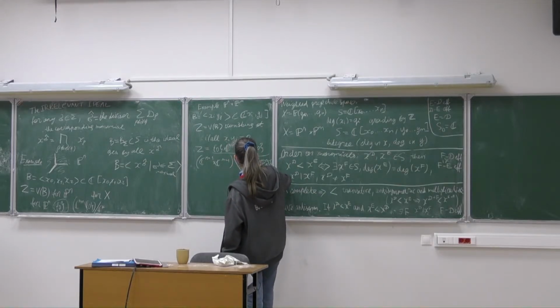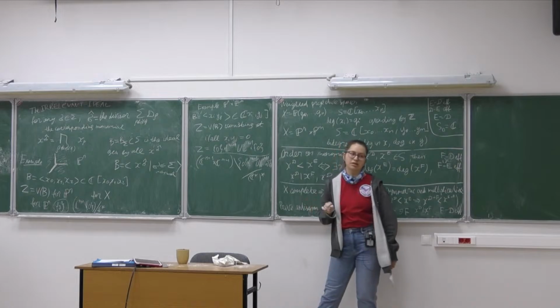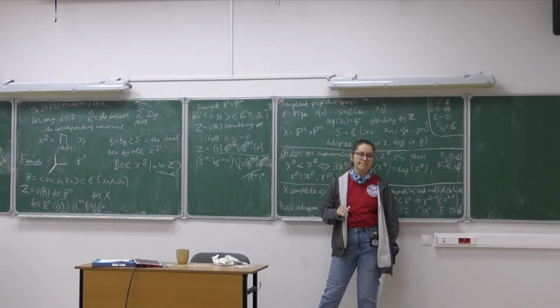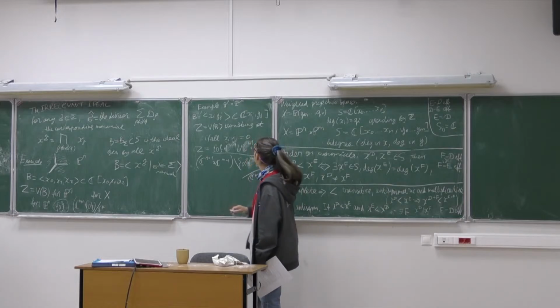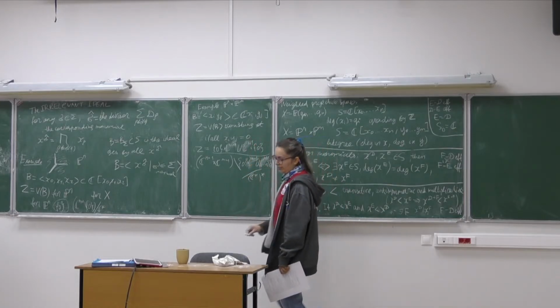We throw out some coordinate subspaces, and then we quotient by the torus.